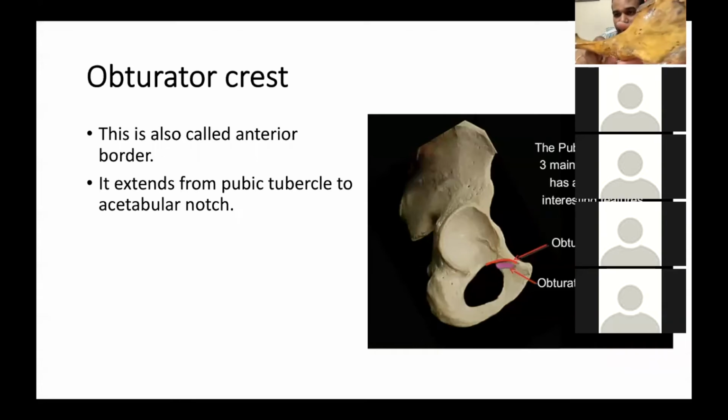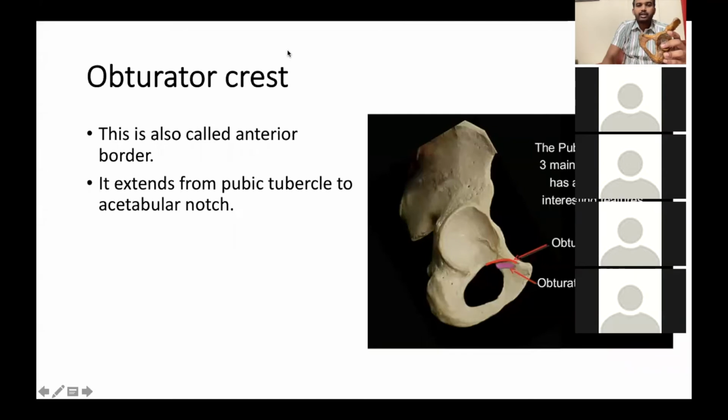See, I am rotating it for you to make it clear. And I'll show you the anterior border now. This one. Yeah, this is the obturator crest. So this obturator crest is also called the anterior border.